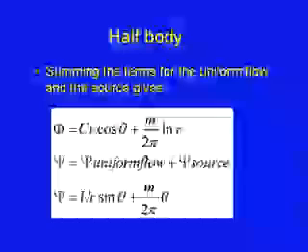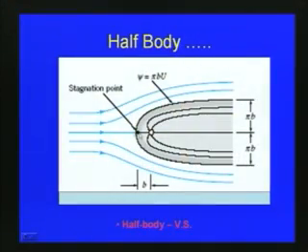So finally, with this superimposition of the source over the uniform flow, we have defined the velocity potential and the stream function like this. The velocity potential is u r cos theta plus m by 2 pi natural log r, and the stream function is equal to u r sin theta plus m by 2 pi theta. Now when we superimpose, you can see in this slide, a uniform flow is coming, and here is the source.